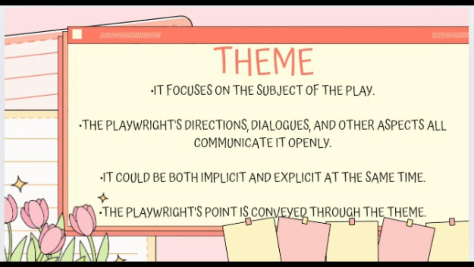The playwright is the person who wrote the play and uses stage directions, dialogue, characters, and plot to express the theme. Also, the theme can be explicit, meaning it is clearly stated, or implicit, meaning suggested or hinted at, or sometimes it is both implicit and explicit.